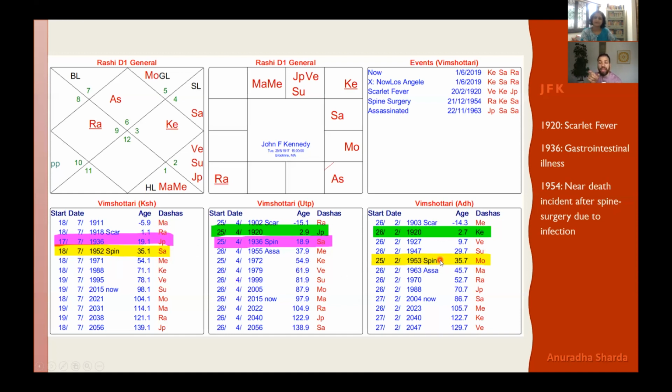So you have to find when they coincide within a year span. And then I found, in 53, he was having a lot of back problems. And in 54, he had a near-death incident after a spine surgery due to an infection. It was very close to this time. So it's close. Now, it won't always be exact. Never. But it'll be very close.